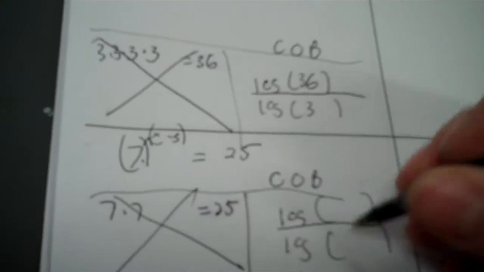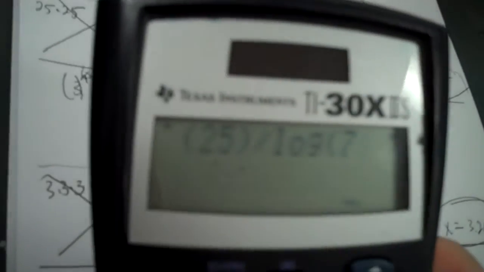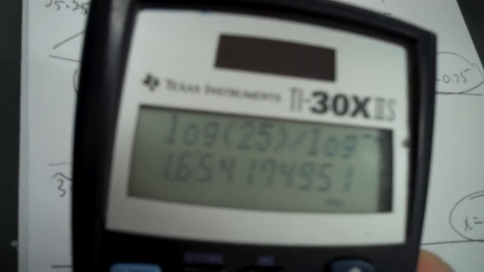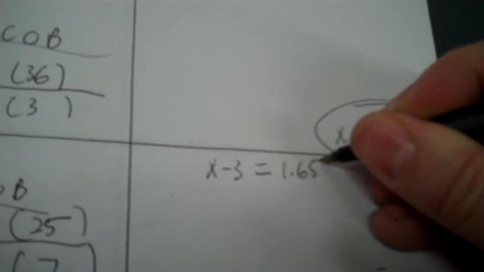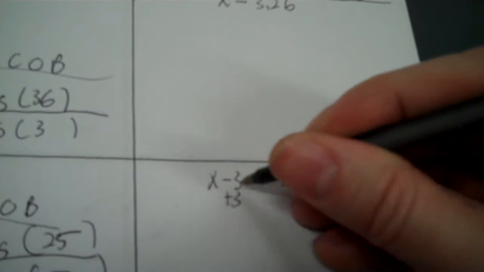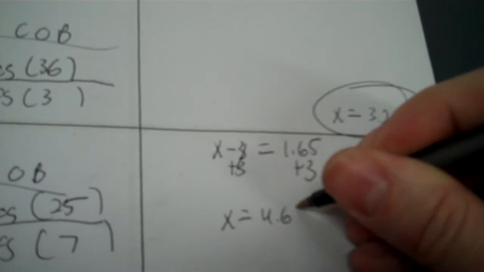Okay, so remember, put the 7 in the denominator, 25 in the numerator. So log 25 divided by log 7. 1.65, but again, now I have to get the x by itself because the exponent had x minus 3. So I would have to add a 3 to both sides, and that's 4.65.